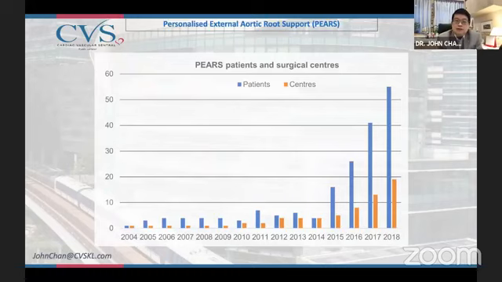So now, in the initial years, the procedure was only done in a few centers, but over the last few years, you can see the orange bars are the number of centers offering this procedure, and the blue bars are the number of patients being treated. So the number of patients being treated by this procedure has increased very significantly over the last few years.